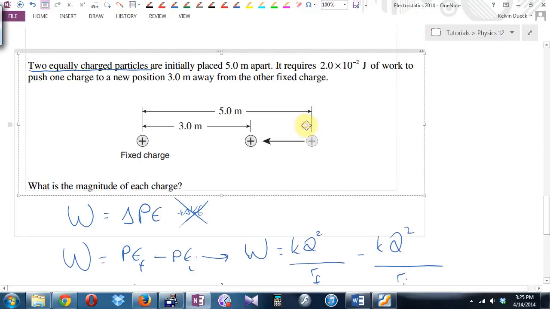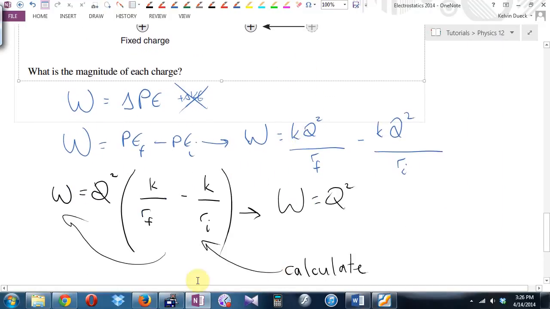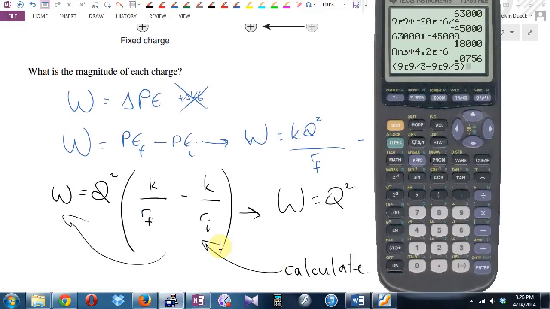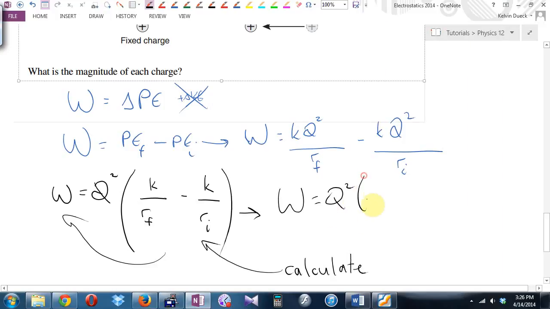Let me double check. Yeah, that's what it was. Final minus initial. Okay, that gives 1.2 times 10 to the 9th, times 1.2 times 10 to the 9th.